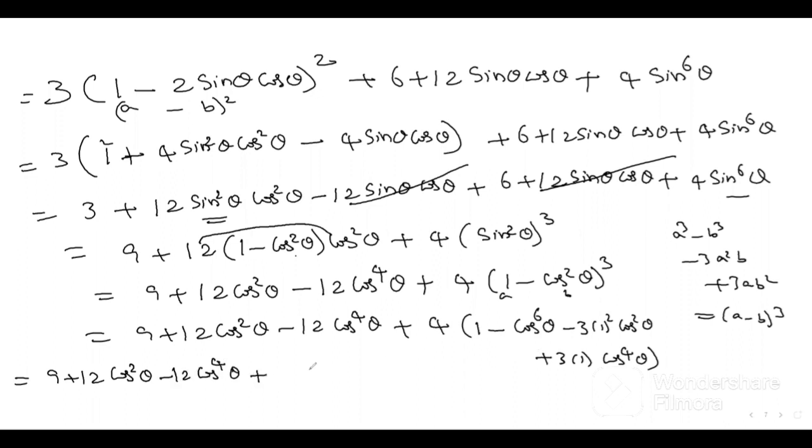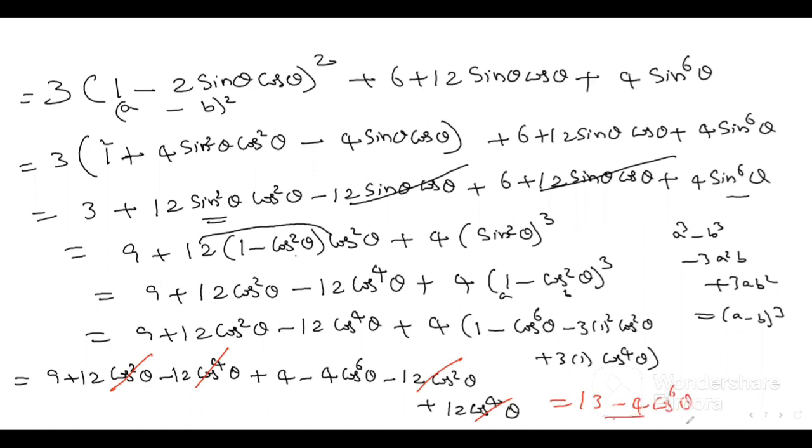Here 4 multiplied to all, what we get? 4 minus 4 cos to the power 6 theta. 4 times 3 is 12 cos square theta. Here 4 times 3 is 12 cos to the power 4 theta. Here 12 cos square theta cancelled as well as 12 cos to the power 4 theta. So 9 plus 4, 13 minus 4 cos to the power 6 theta.